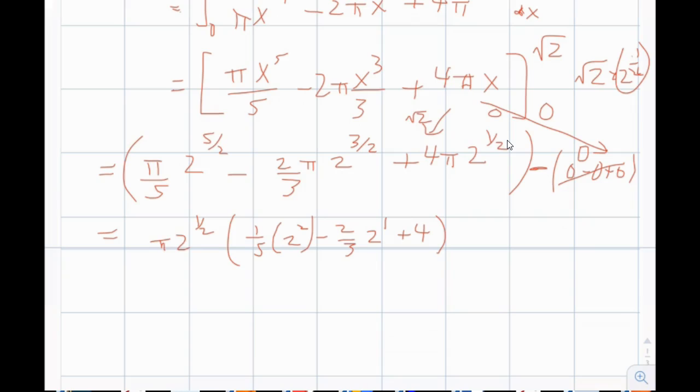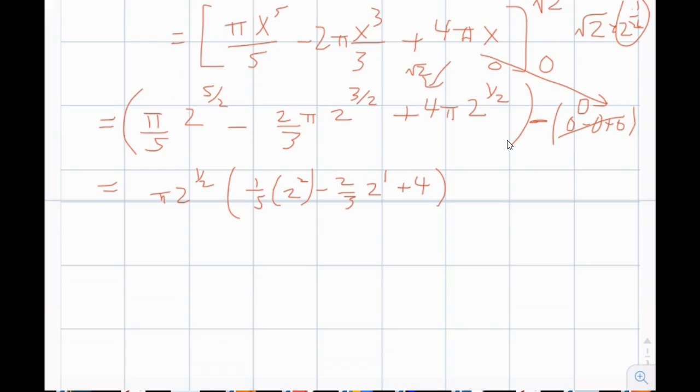Okay, 1/5 times 2 squared, minus 2/3, 2 to the 1st, plus 4. So maybe now we can actually reduce this to a number. 4/5 here, minus 4/3, plus 4, and wow, that's not going to be anything that looks nice.